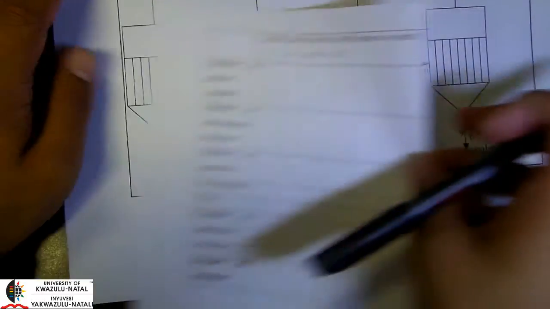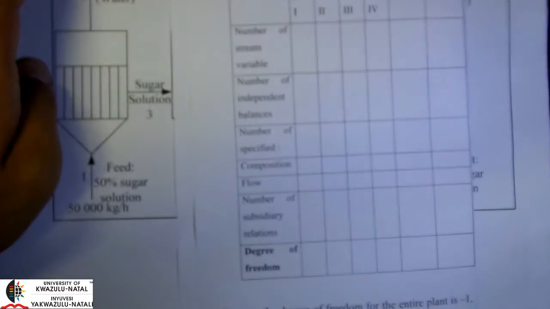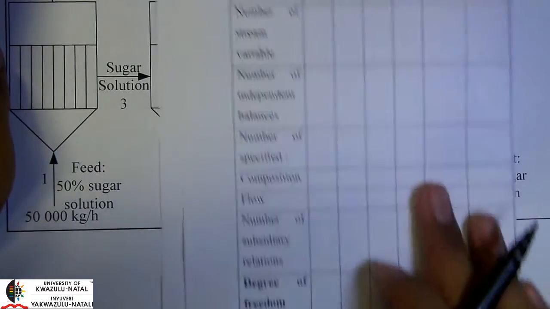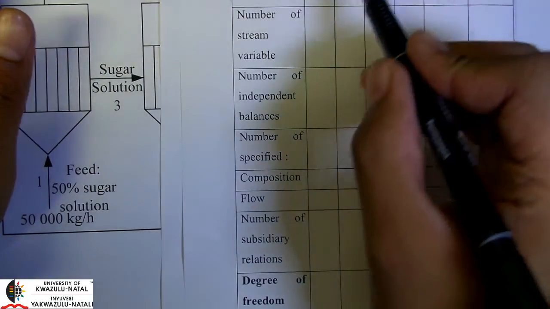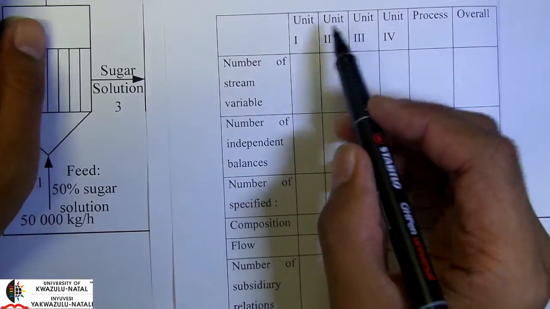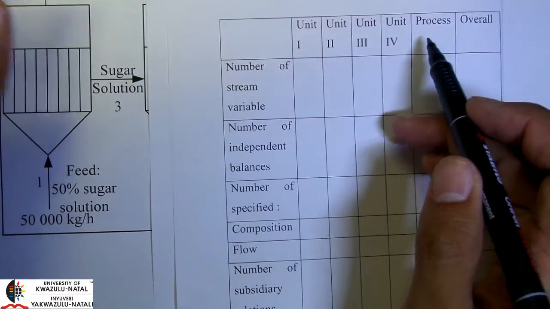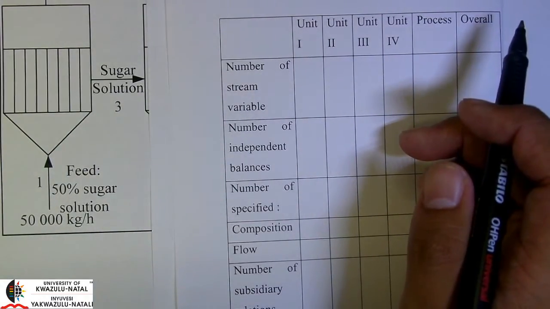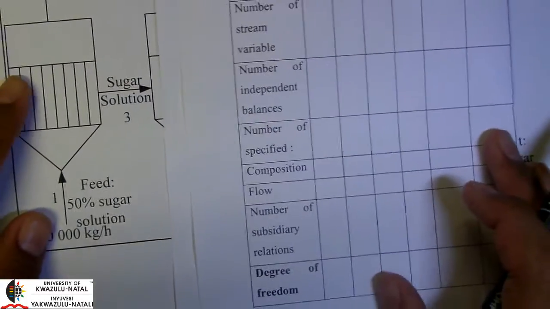So let's look at the degree of freedom table. Okay, I've drawn up a table here consisting of unit 1, 2, 3 and 4, as well as the process and the overall. So let's proceed.